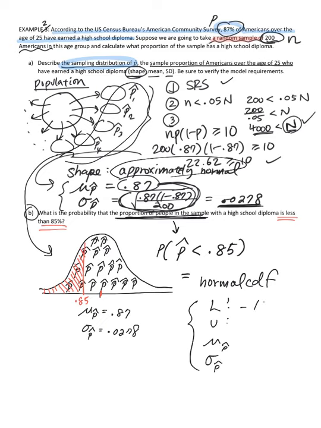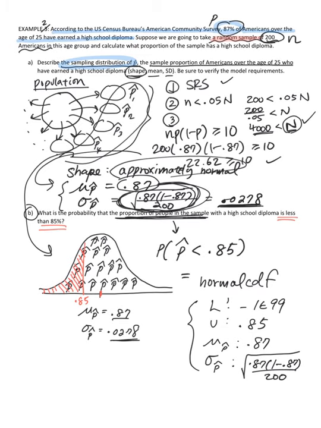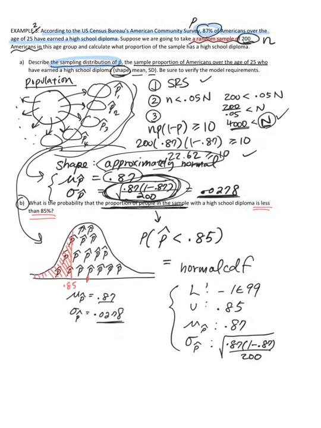Lower will be negative 1e99, upper will be 0.85, mu will be 0.87, and sigma, you can use this one or the whole thing. I'm going to use the whole thing: the square root of 0.87 times 1 minus 0.87 divided by 200. Type the whole thing in your calculator.